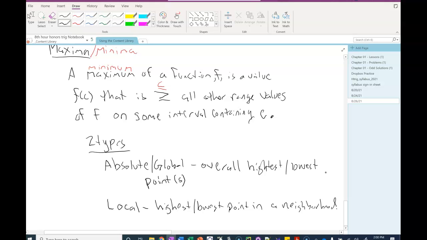So if you have an infinite continuous function, like most of the things we deal with, what we're talking about for the locals are any hill top is a local max, and any valley bottom is a local min. Everybody's okay with that? And most of the stuff we'll deal with are continuous and infinite.